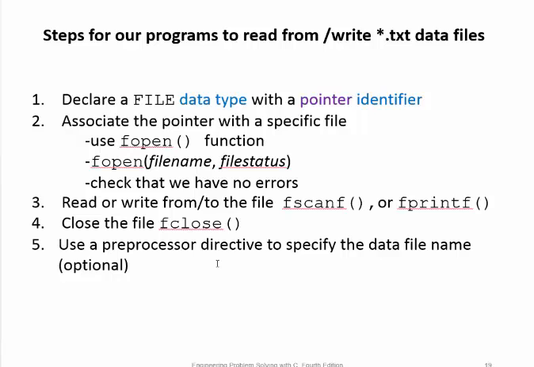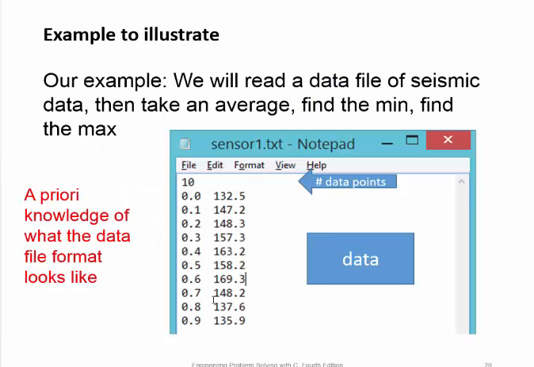And then the next process is to actually read the data one line at a time, or write your data one line at a time, and in the end you have to close the file. And there's an optional preprocessor directive that we can use to make life easy. This sounds like Greek right now, so let's continue on and see what these steps really mean.